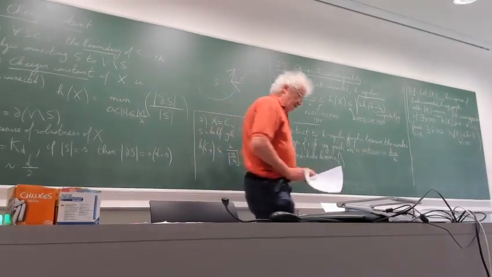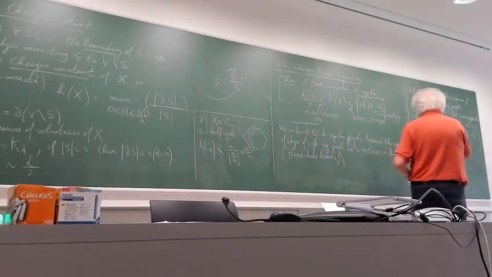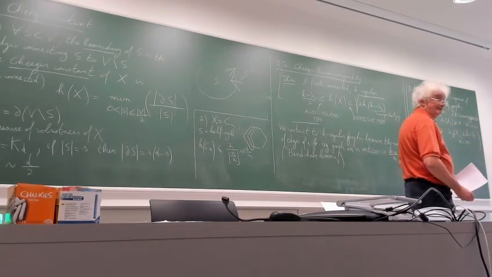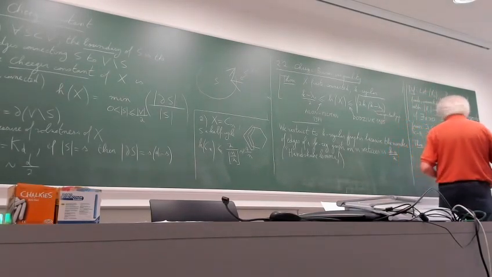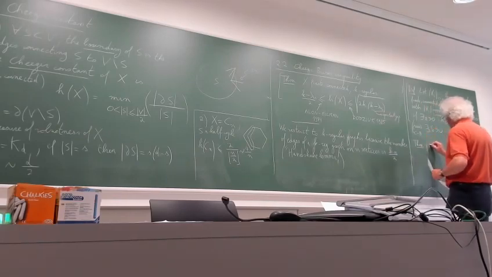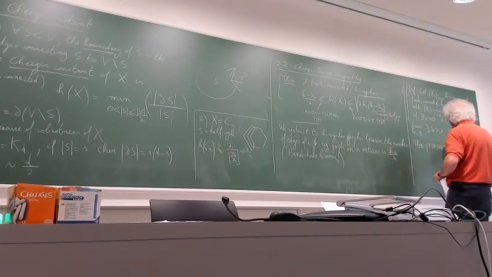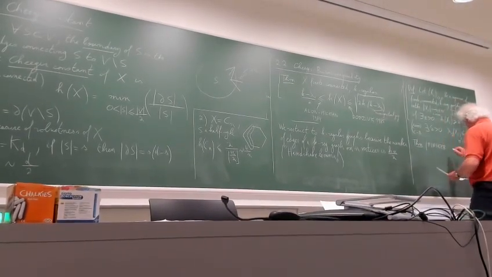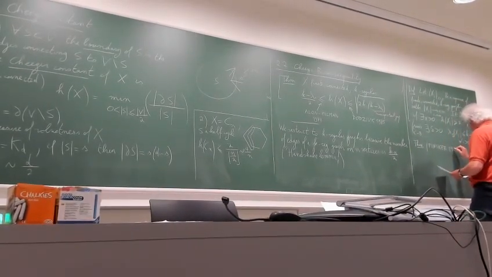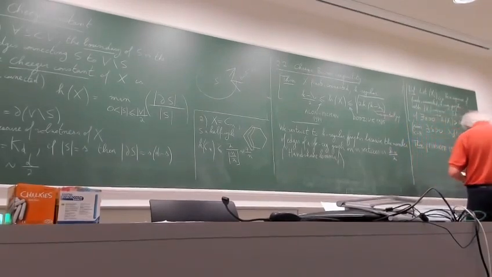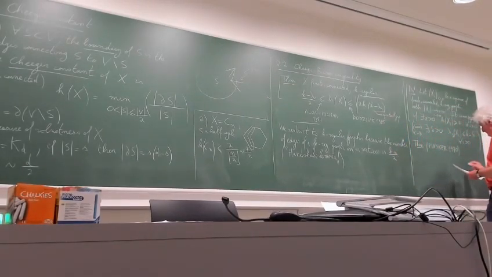So there is an existence proof by Pinsker, back in 1970, which says that most of the graphs are good.